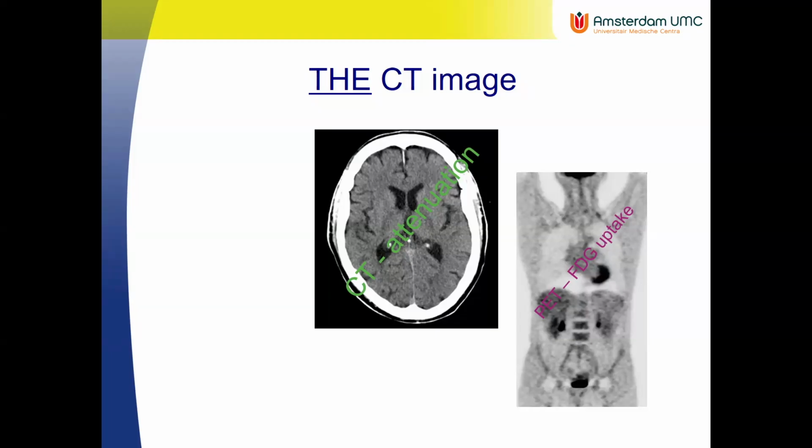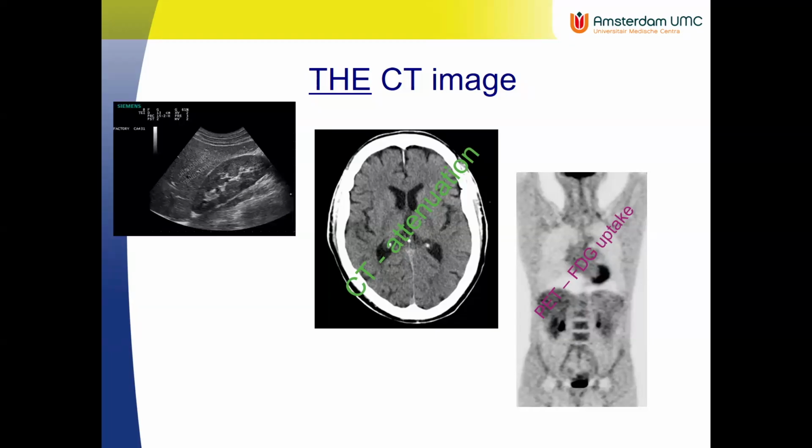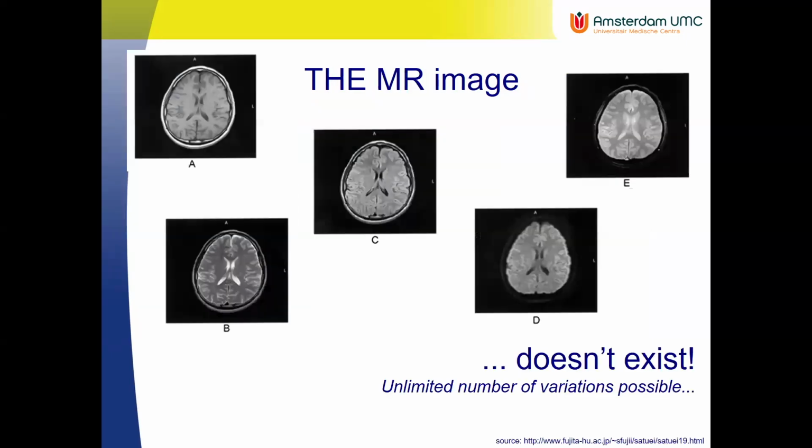So it just shows you the absorption of the tracer, and it's always like that. With ultrasound, it's a similar story. It always represents reflections of the ultrasound. It's always like that.